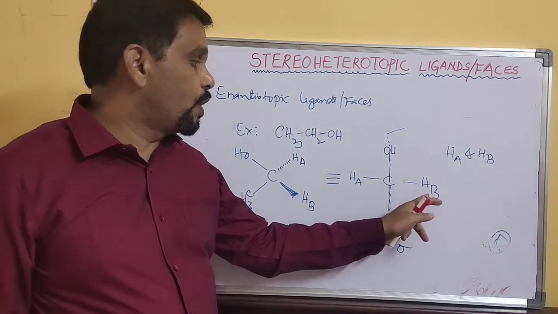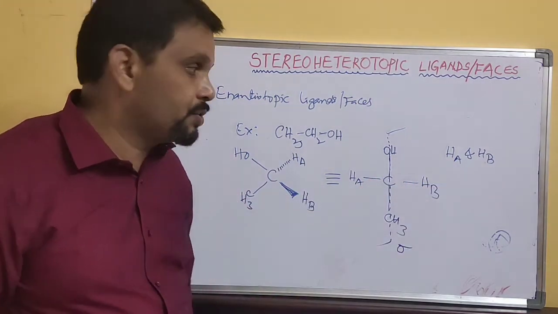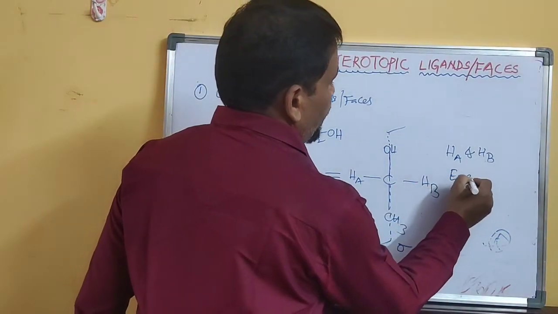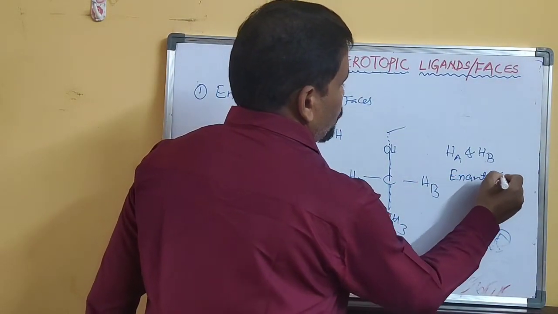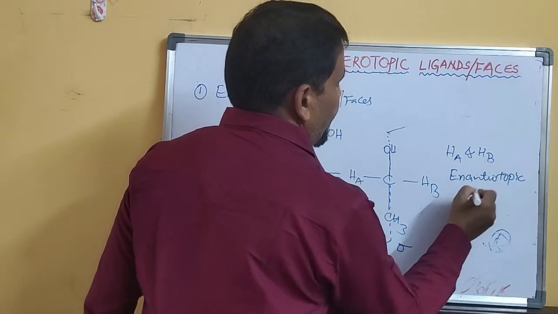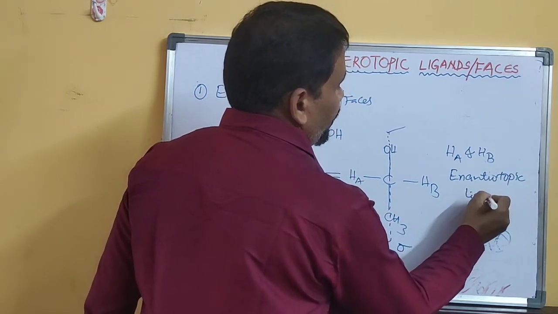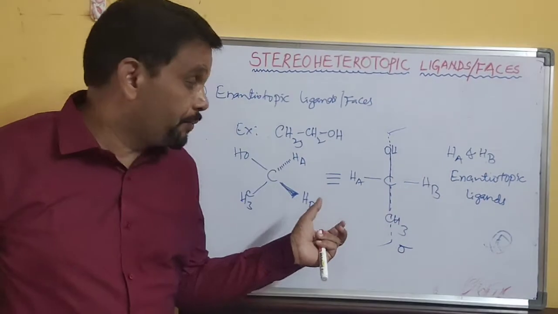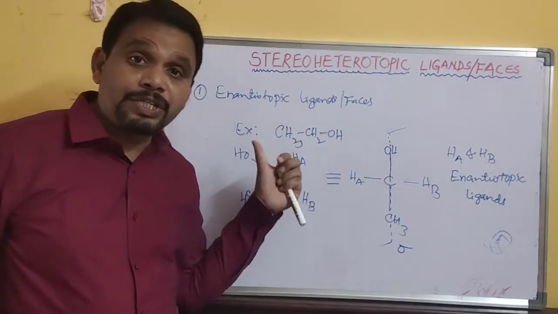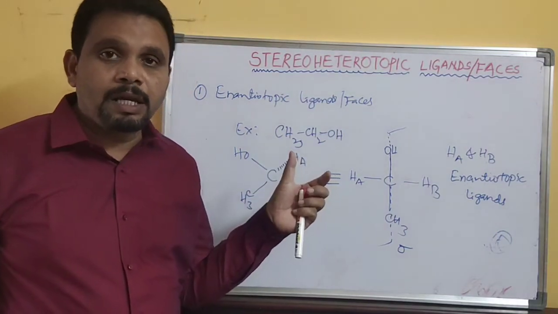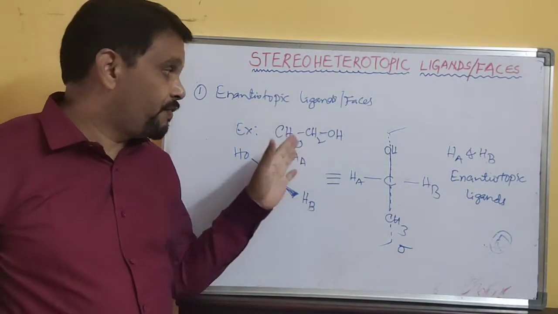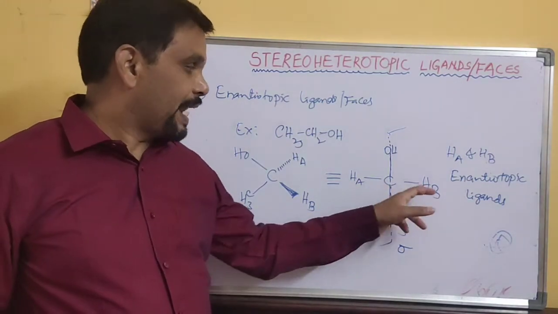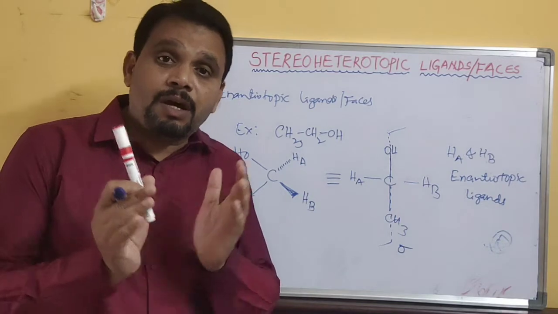then these two atoms can be considered as enantiotopic ligands. Enantiotopic ligands. I hope now you understand what enantiotopic ligands are. As I defined, ligands means atoms or groups.